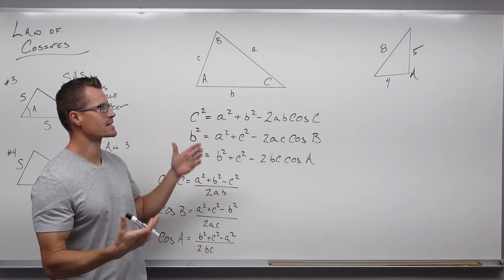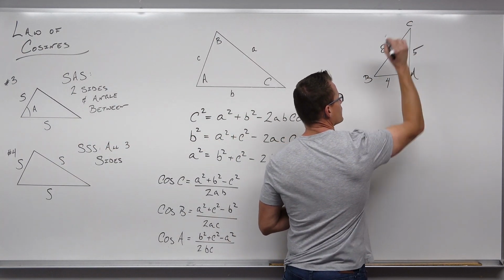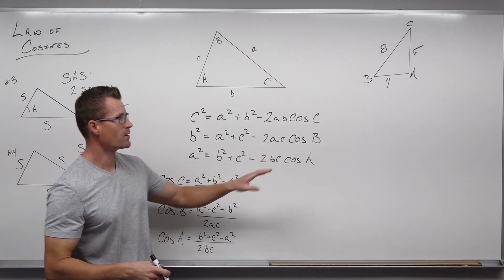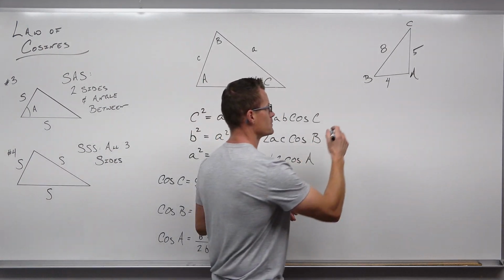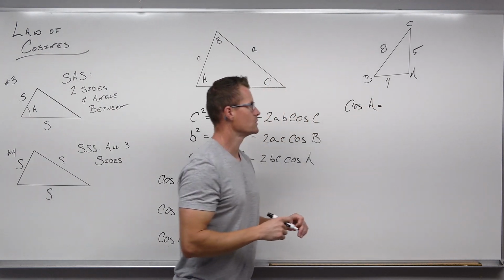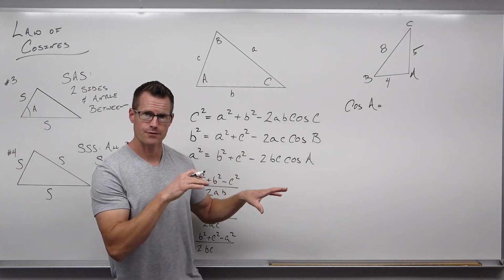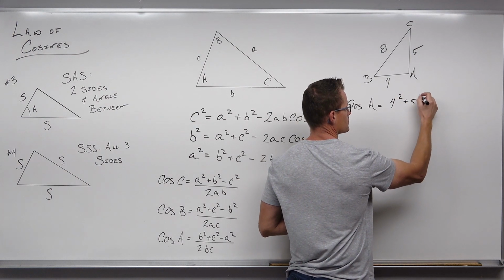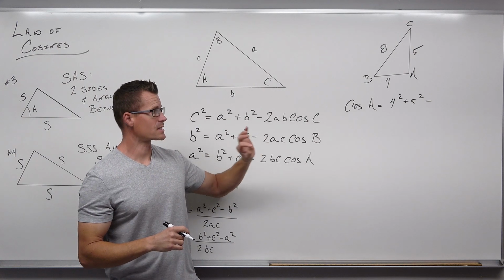So I've labeled this. If that's A, let's call this B and call that C. I have 3 sides. I know I'm finding an angle. So if I want to find angle A, what I'm thinking is I'm going to have cosine of angle A equal to the squares of the sides adjacent to it, that's 4 squared and 5 squared, as a sum, minus the side opposite to it.